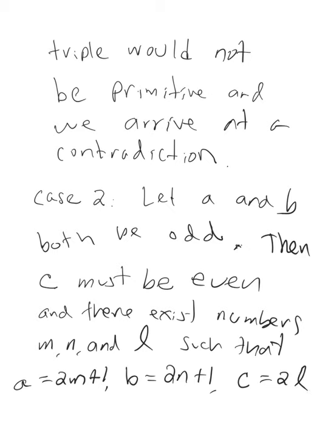And now we're going to substitute these expressions for A, B, and C into the equation A squared plus B squared equals C squared.